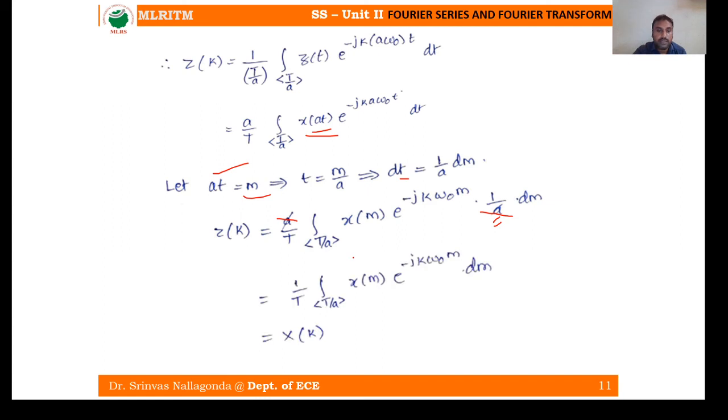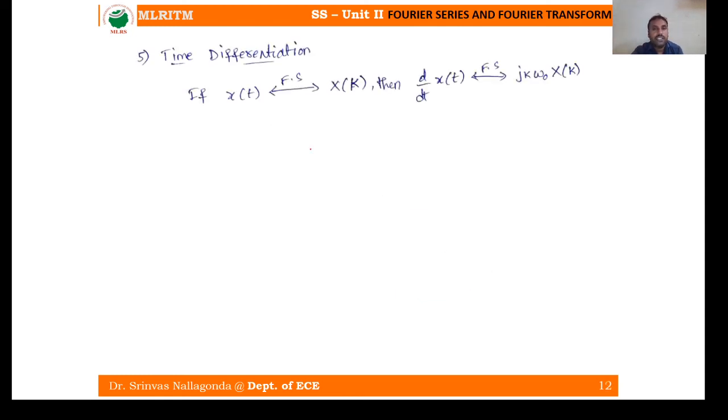What is remaining? 1 by T integral x of m e power minus jk omega naught m. What is this? This is X of k, because the k term is there and this m is the same as x of t e power minus jk omega naught t dt.